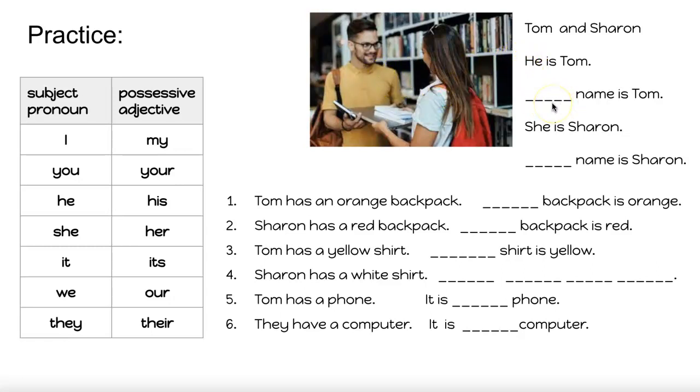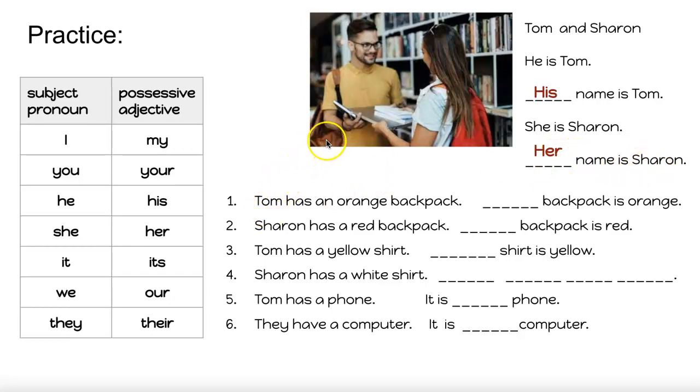What possessive adjective is missing? His. His name is Tom. She is Sharon. What is missing here? So we have the noun, we have the verb, the possessive adjective, her. Her name is Sharon.